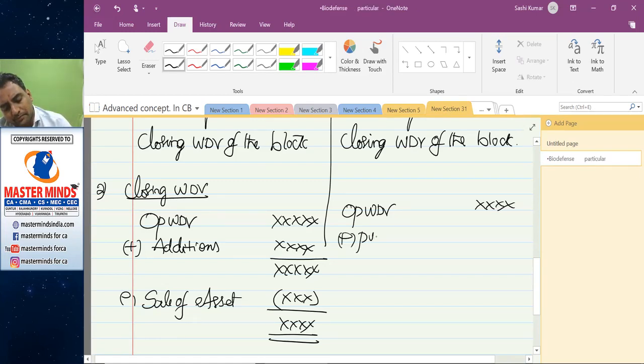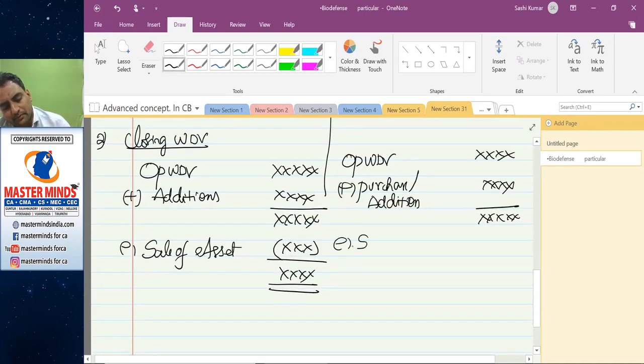So the purchases or additions, that is the cost of the new asset, is added here. Less sale of assets, if any, has to be reduced. So the difference is the closing WDV.